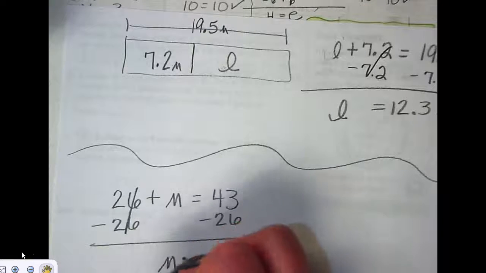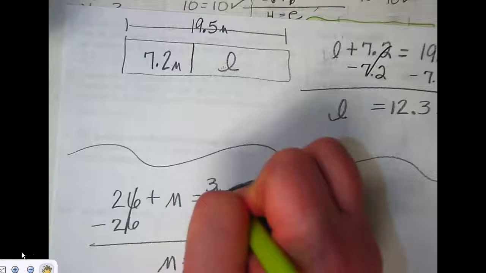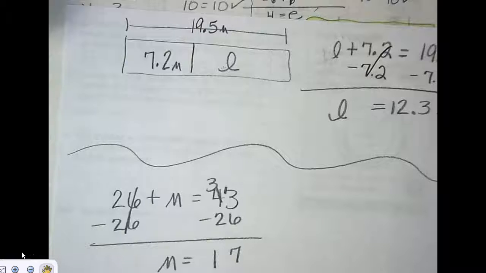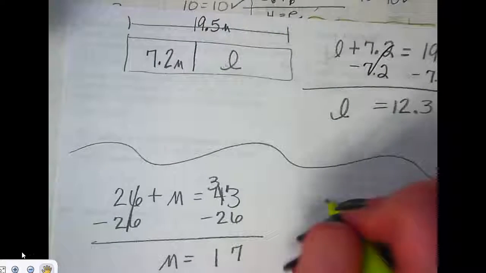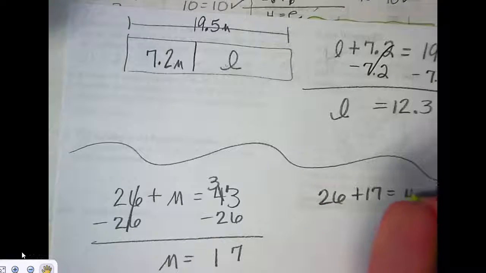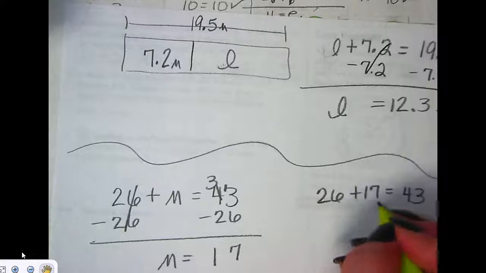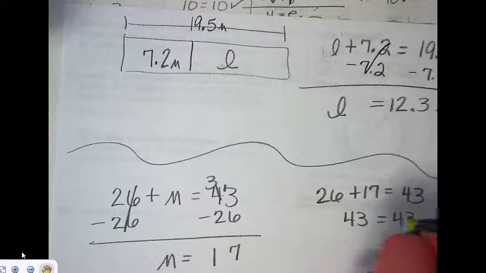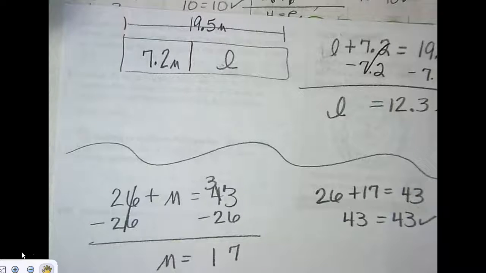So the muscles equal 17 muscles. Because 26 plus 17 equals 43. 26 plus 17 is 43, and 43 equals 43. So make sure that you check it.